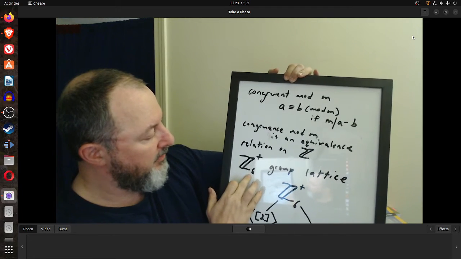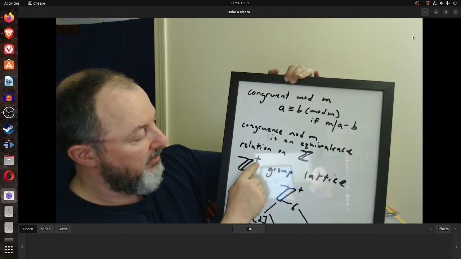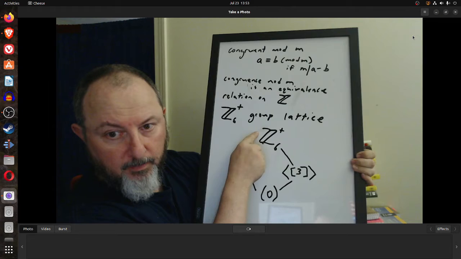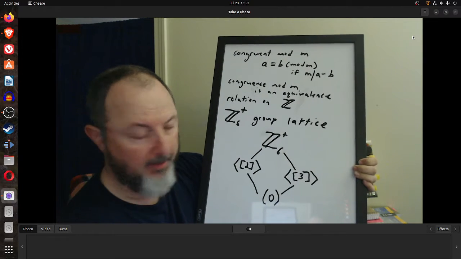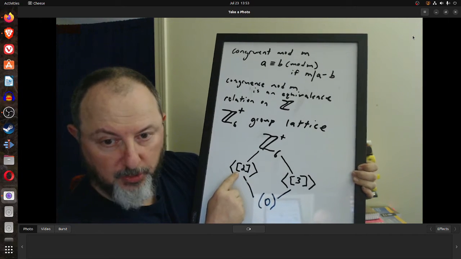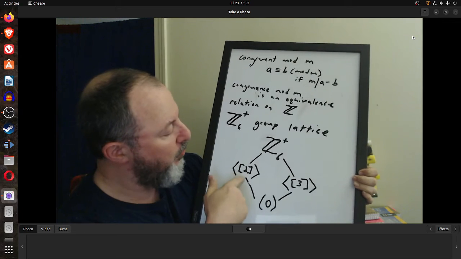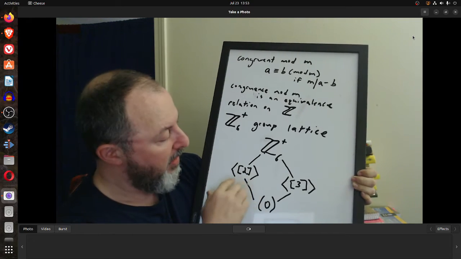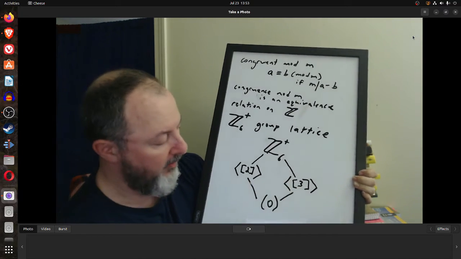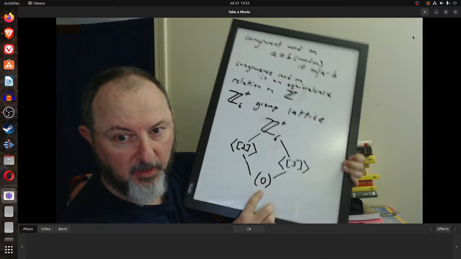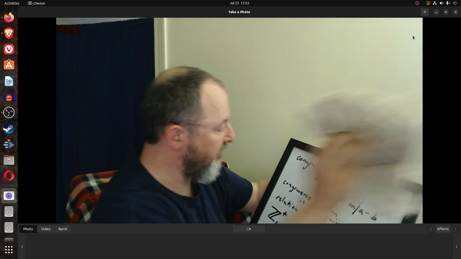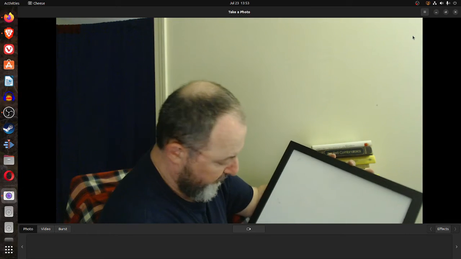As an example, Z sub 6 under addition not only forms a group, as can be verified, but it has two subgroups, one generated by 2 and one generated by 3. Under those is the identity group. Let's actually look at one of the subgroups of Z sub 6.